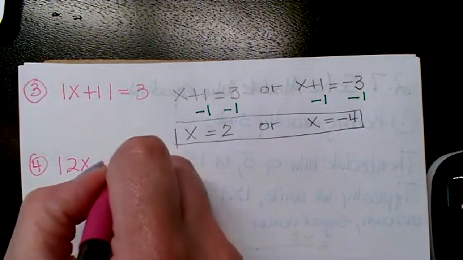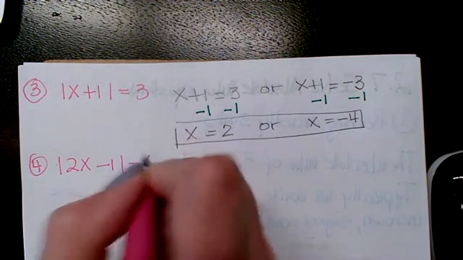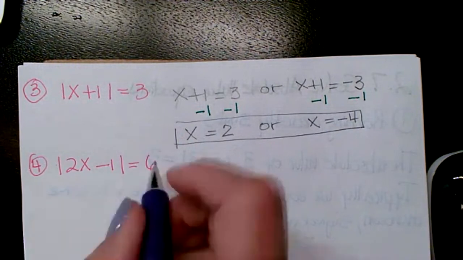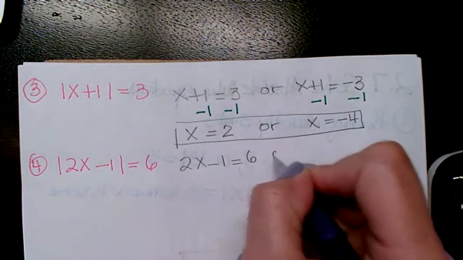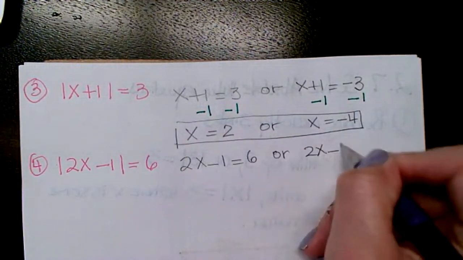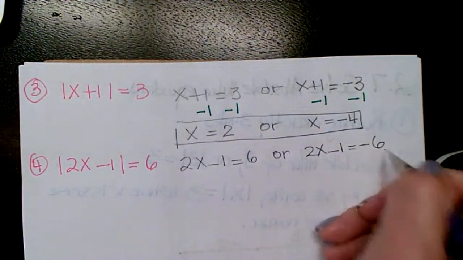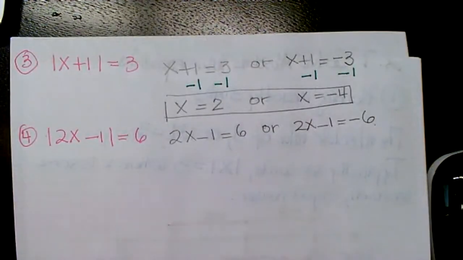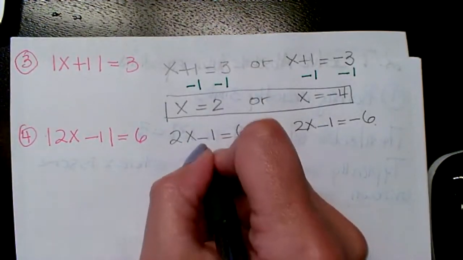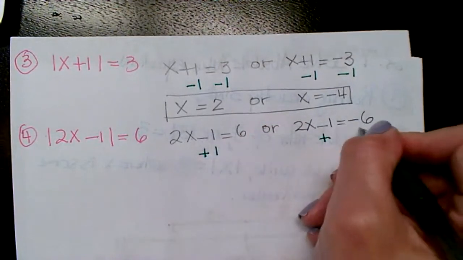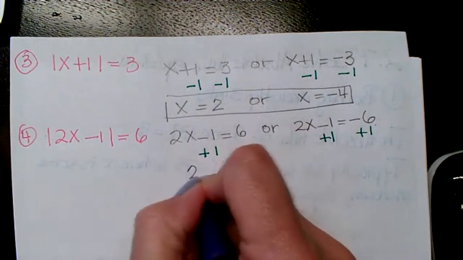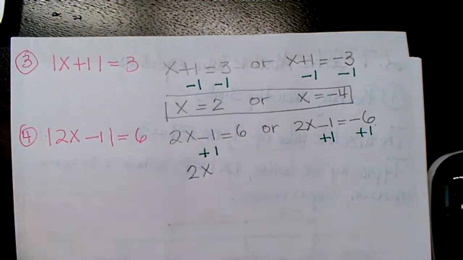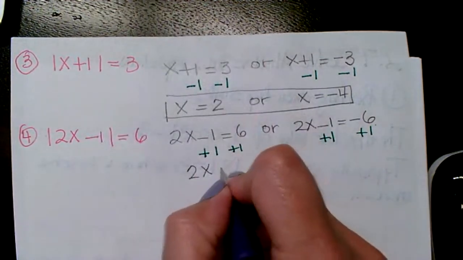Absolute value of 2x minus 1 is equal to 6. So this is 2x minus 1 equals 6, or 2x minus 1 equals negative 6. So again, I need to make a 0 first, by adding 1. So it's 2x, I'm just going to do one side first.